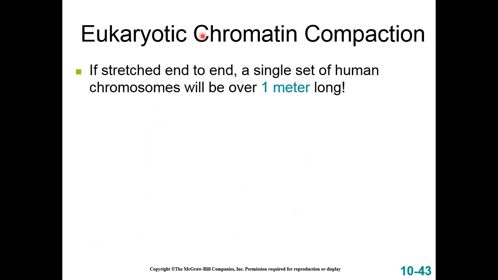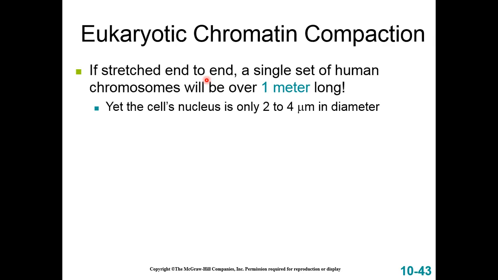Like that, human chromosomes also need compaction. If stretched end to end, a single set of human chromosomes would be over 1 meter long, yet the cell nucleus is only 2 to 4 micrometers in diameter. Therefore, the DNA must be tightly compacted to fit.